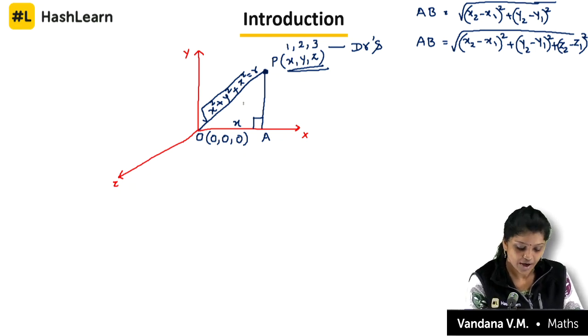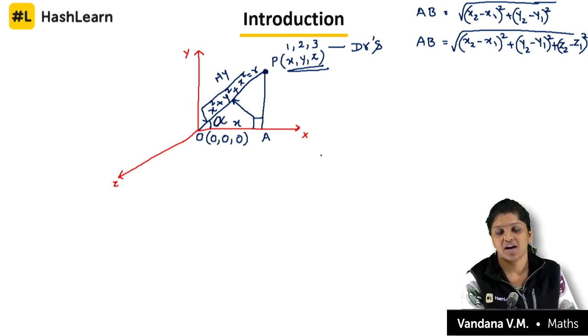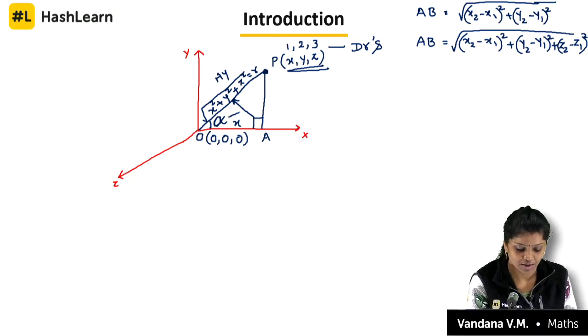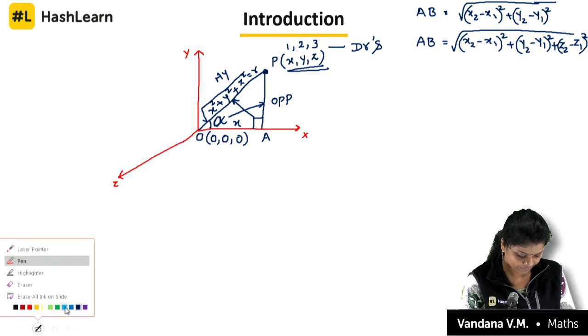Clear? Okay. Now opposite to the 90 degrees we usually call it the hypotenuse. Here you just think that we have the angle as alpha. For alpha, this is the opposite side, this is the adjacent side.